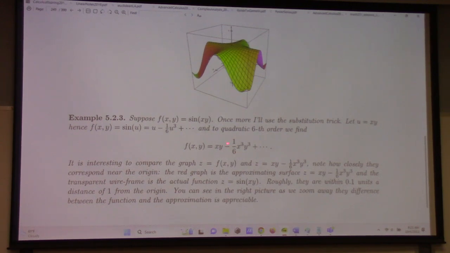In other words, the gradient of f at 0, 0 is 0. So the origin is a critical point for this function. But in this case, I think it's not going to be a max or a min. Now this one, we'll be able to use the second derivative test on. So let me make a note of that for myself. We'll come back to this one and apply the second derivative test to it in a bit, okay?